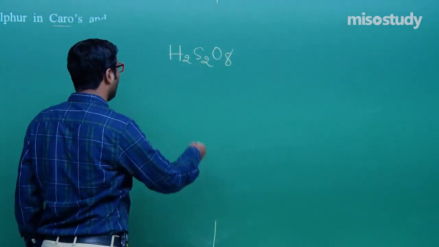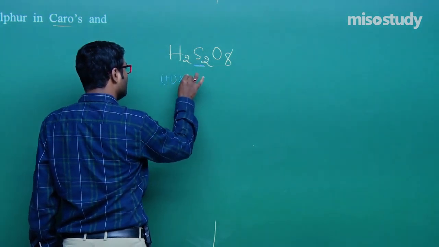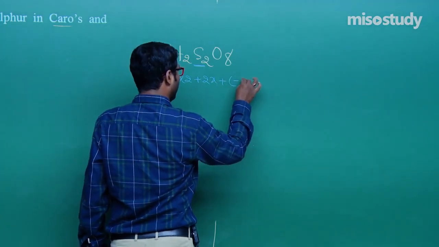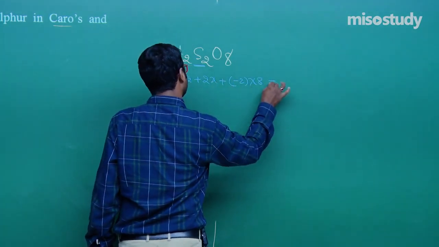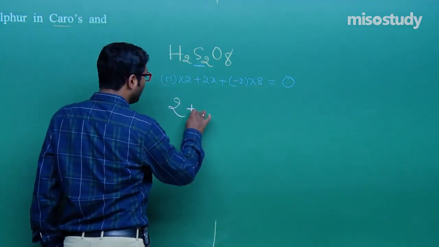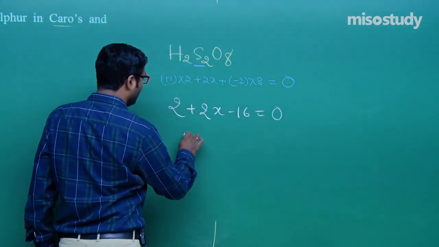Clear? Now by using the formula, plus 1 into 2 plus 2x minus 2 into 8 is equal to 0. Clear? Now 2 plus 2x minus 16 is equal to 0.